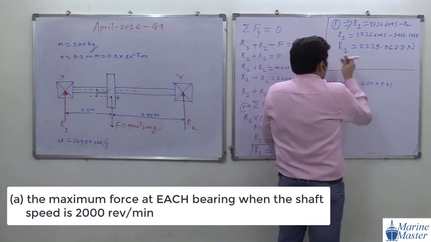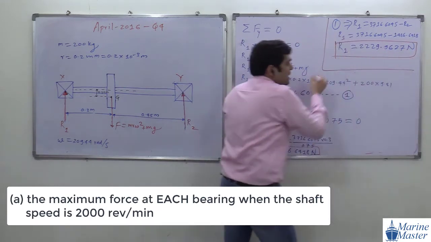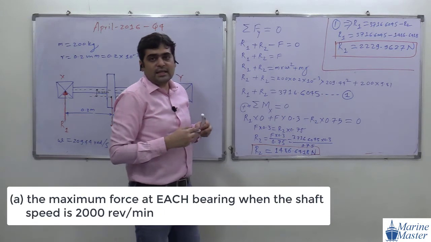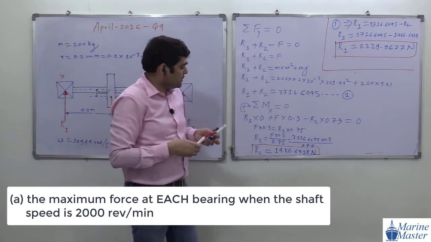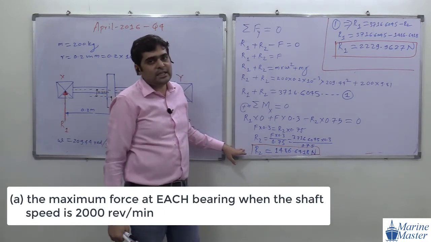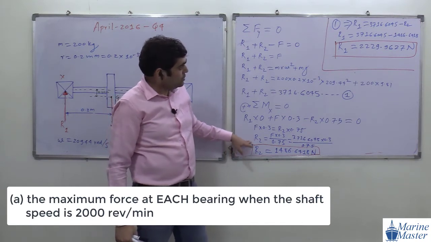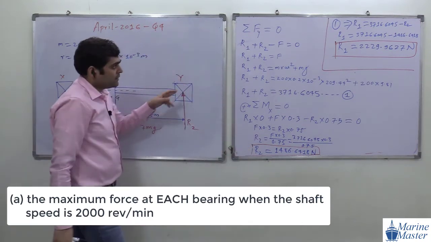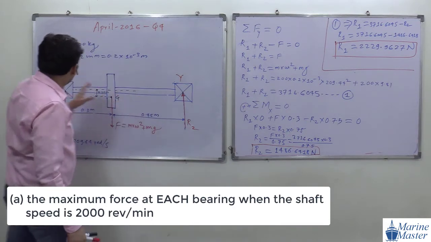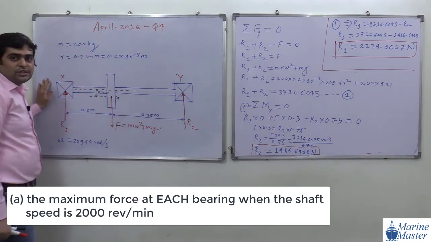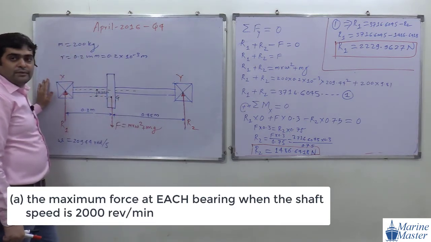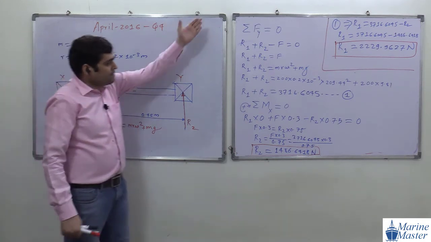These are the maximum forces on each bearing. What they were asking in the question is the maximum forces at each bearing: R2 at bearing Y and R1 at bearing X. Guys, any doubt in this discussion? Till now everything is okay?